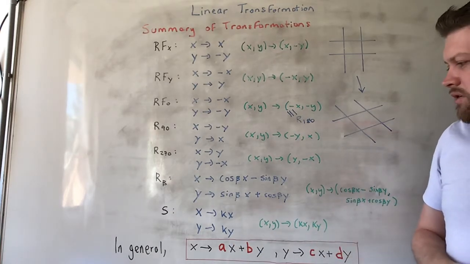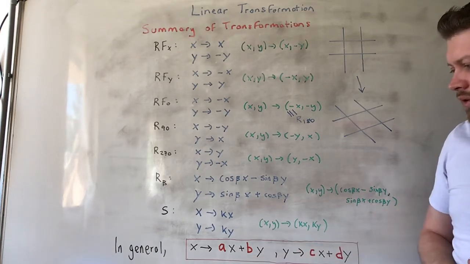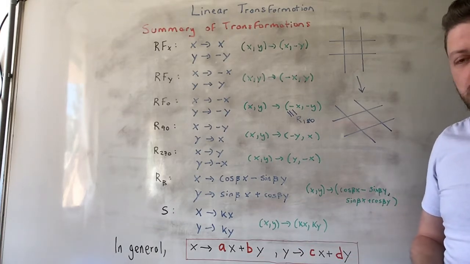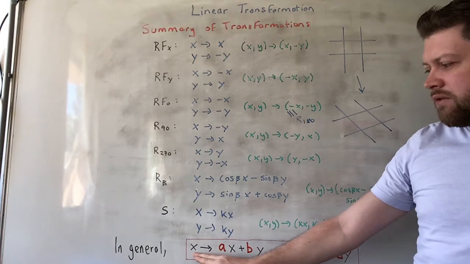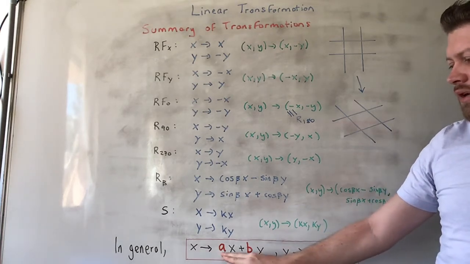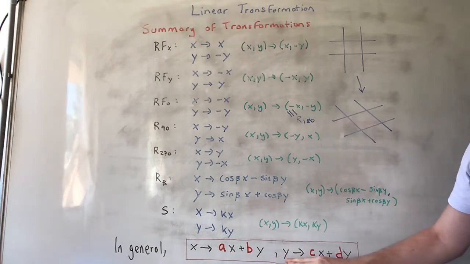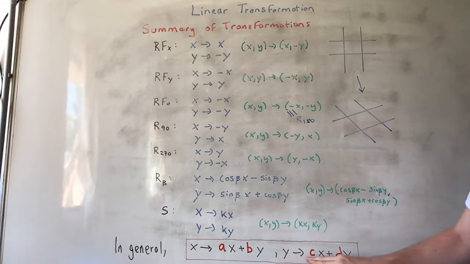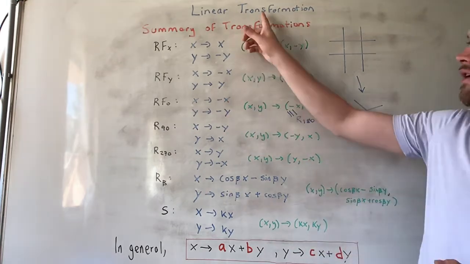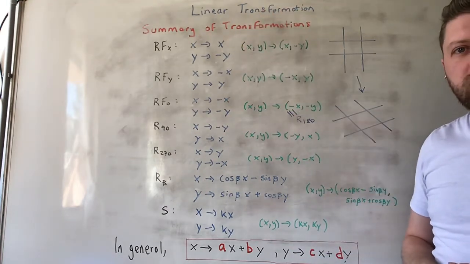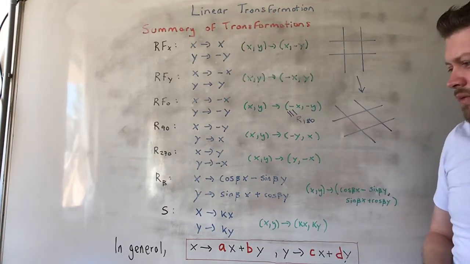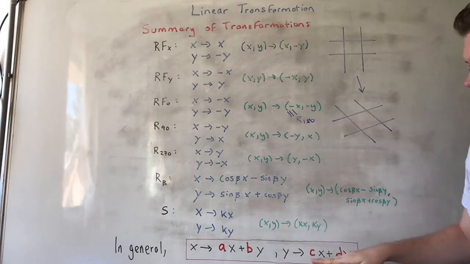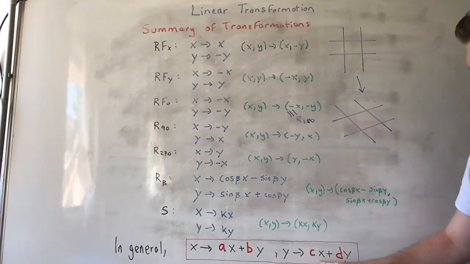And this has a special name, in fact. Any transformation that takes x and gives out some combination of ax plus by, and any transformation that takes y and gives some combination of the original x and the original y, like this, is called a linear transformation. It's called a linear transformation because what's involved is just the original two coordinates.